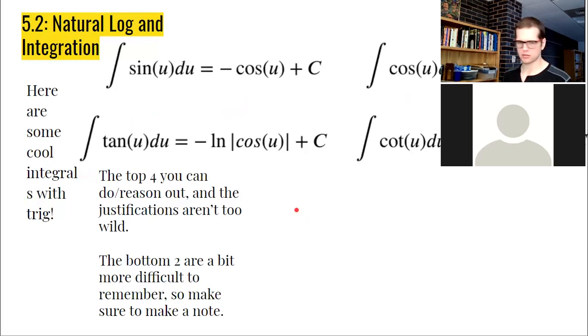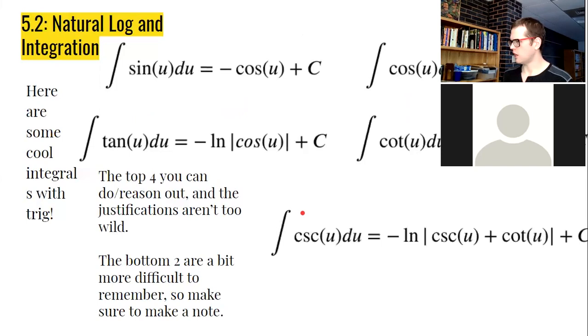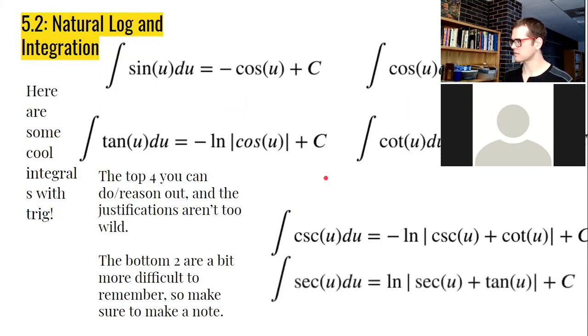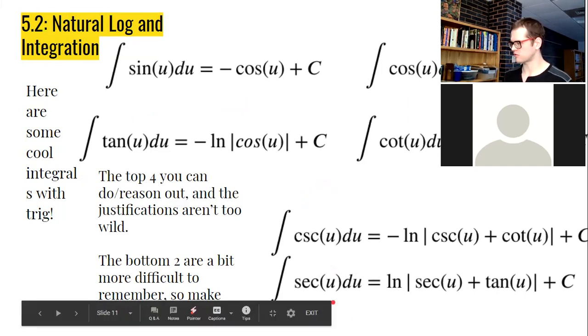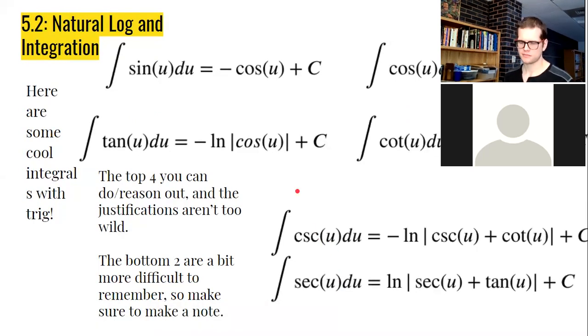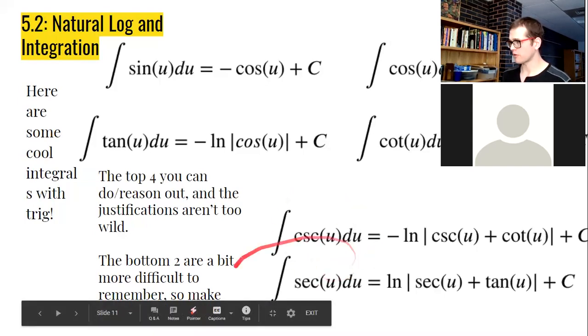Now, these bottom two are a little more difficult to remember because they are the antiderivatives of cosecant and secant. Again, there are patterns that you can remember for those and how they work. They appear less frequently because there's a trick you have to use in order to make them work. Even off the top of my head, I should have gone and looked it up before I talked about it today, but I don't remember how these ones work.